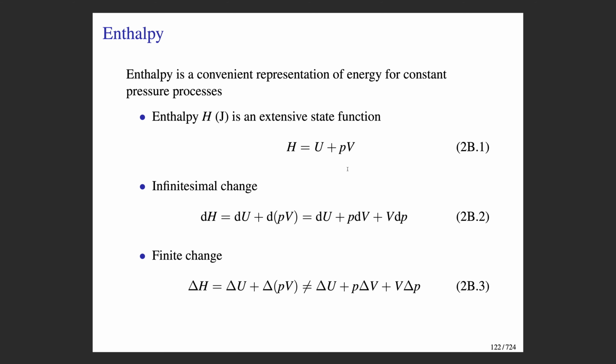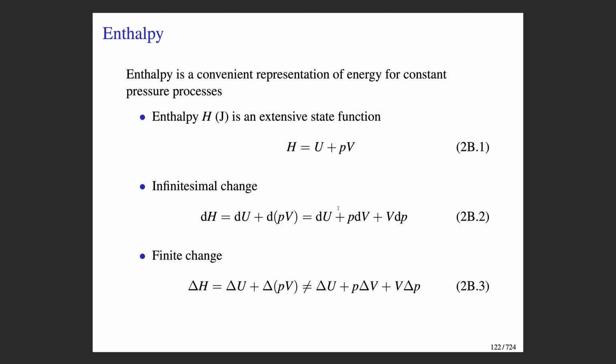So taking the formal definition and then applying the d to the enthalpy, you would get dU plus d acting on PV. And to expand this term, you would use the product rule from calculus. See here how I have pressure times dV plus volume times dP. I've deployed the product rule.